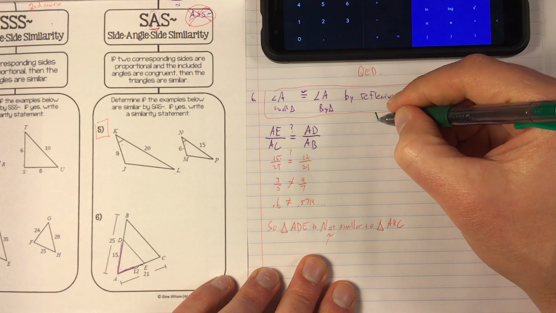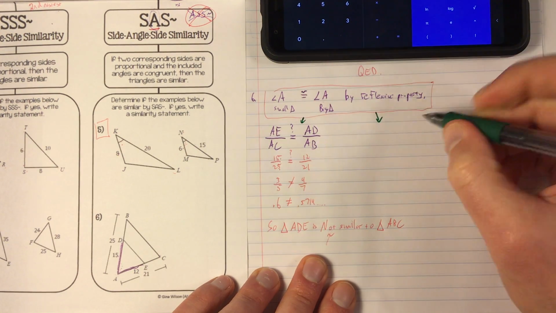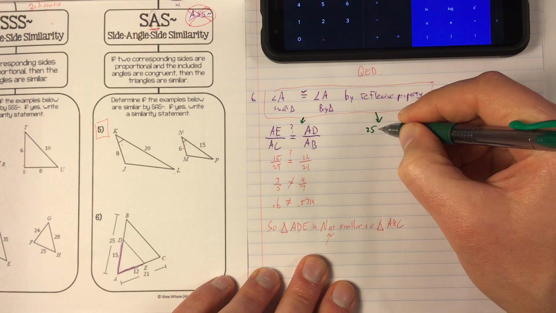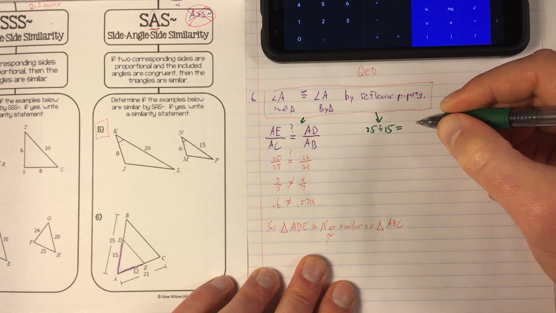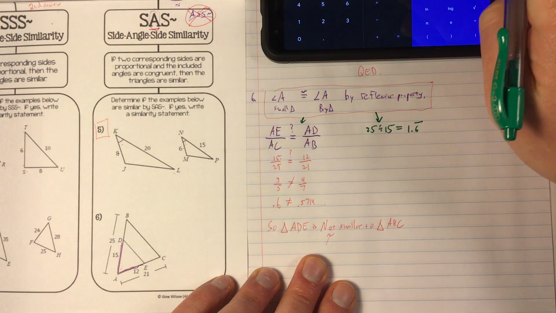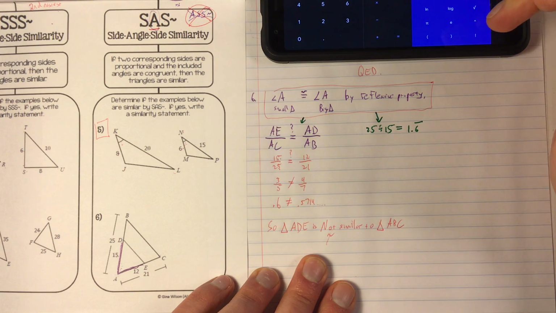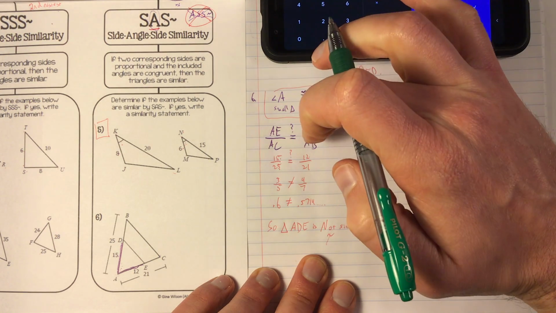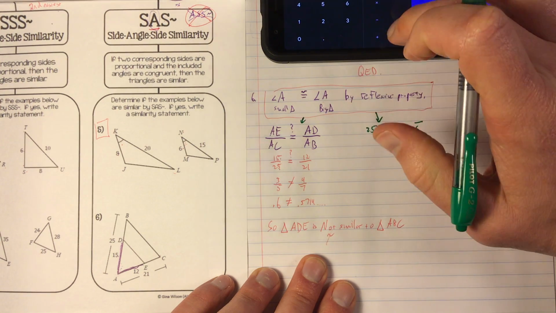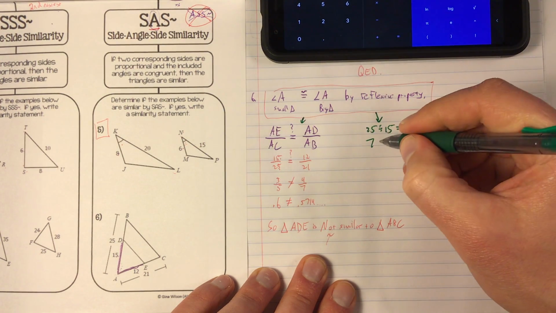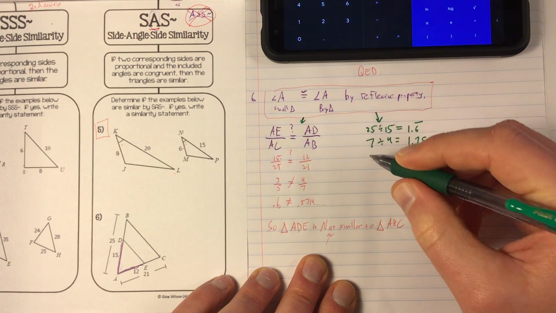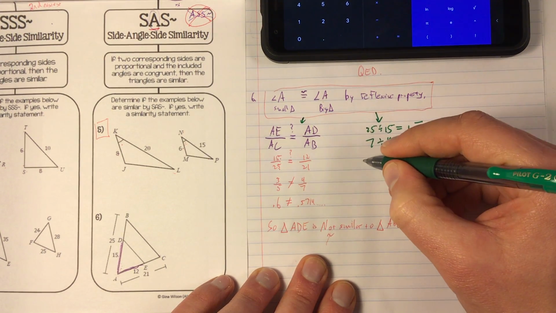But then, from here, we'd say, okay, 25 divided by 15 is equal to 1.6 repeating. And 7 divided by 4, that's 1.75. They do not have the same scale factor.